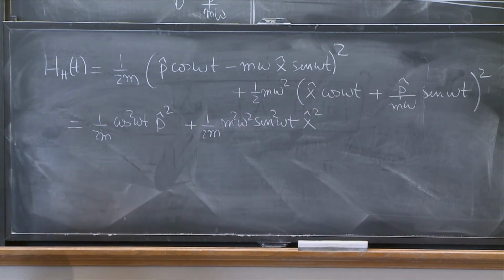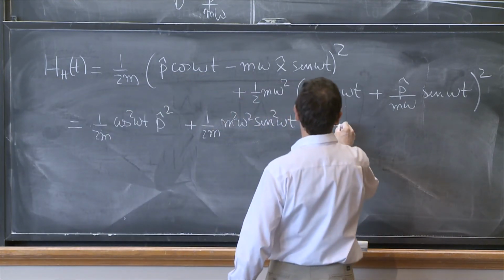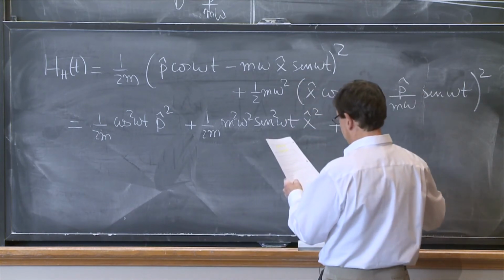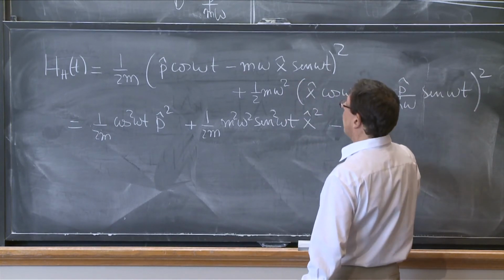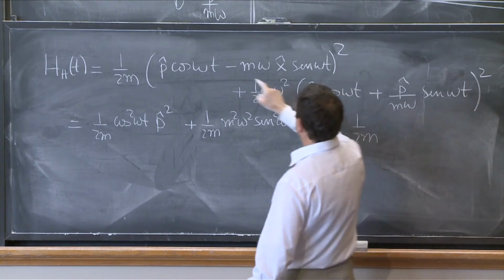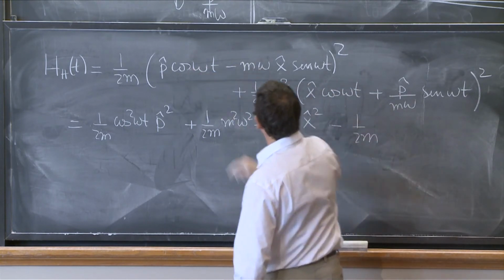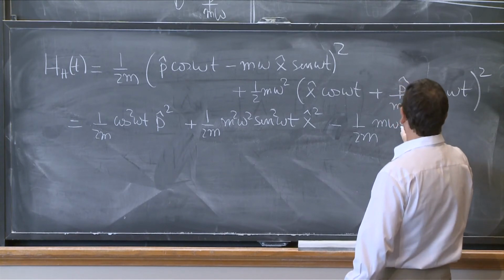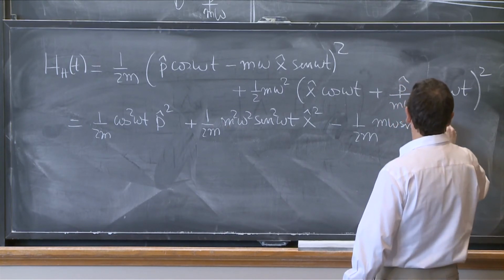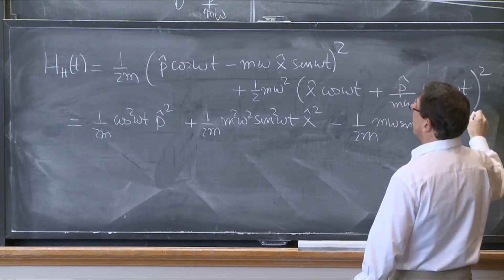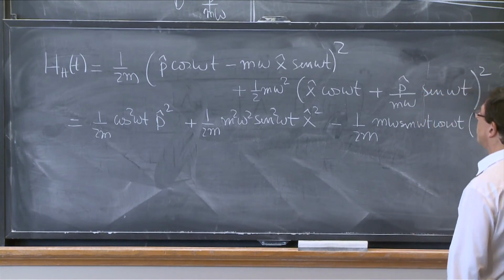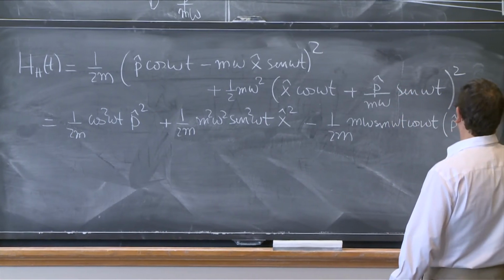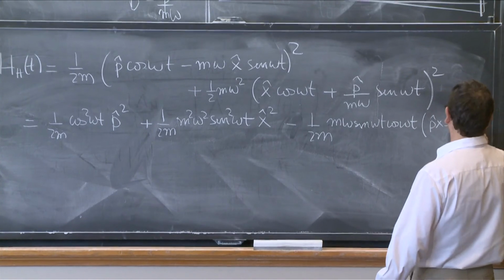And then we have the cross product, which would be actually minus 1 over 2m, m omega sine omega t cosine omega t, times px plus xp.